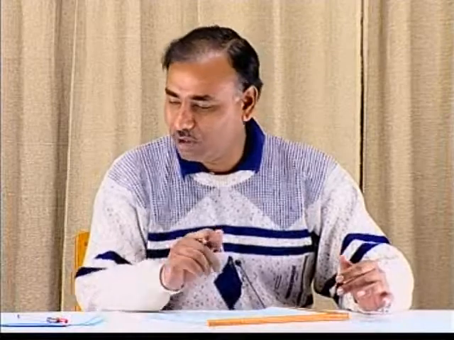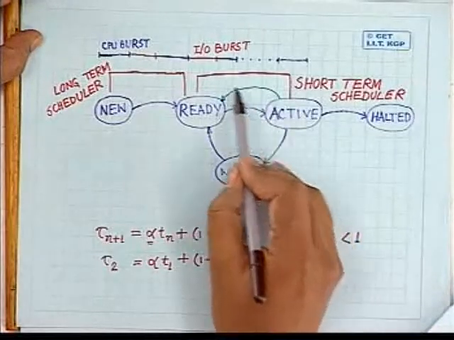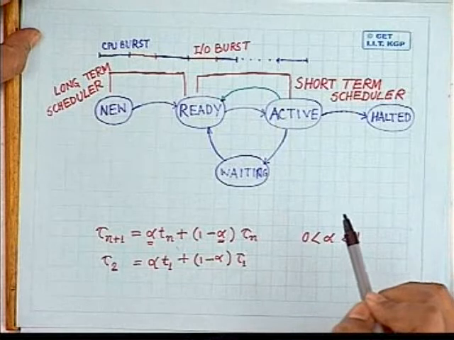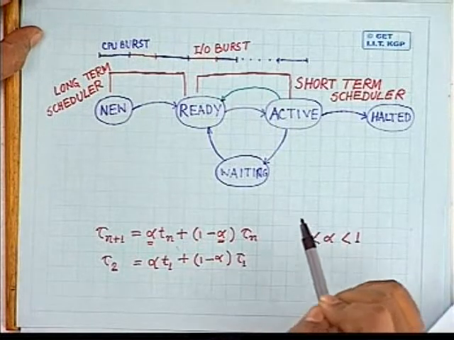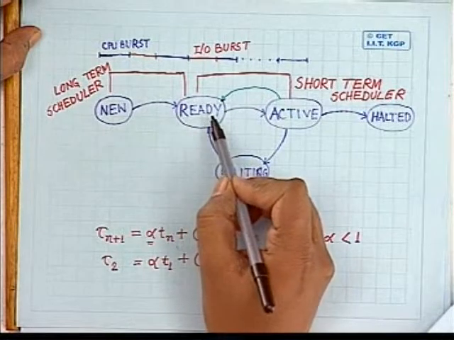And the jobs are pushed into the ready queue depending upon their time of arrival. This arrival may be from the new state, maybe from the IO waiting state, or may also be from the active state in case of forcible termination. So here you find, with the help of this process state diagram that we have discussed in the last class, that there are 3 incoming paths to ready state.